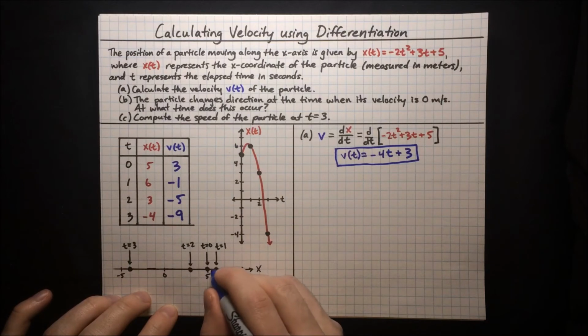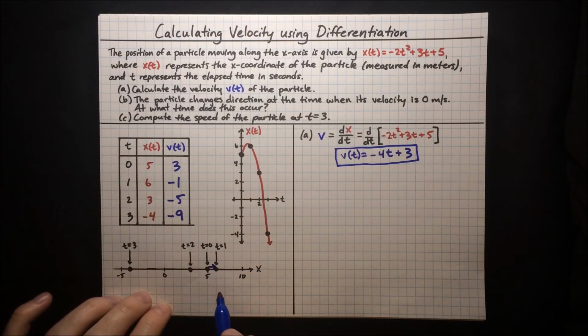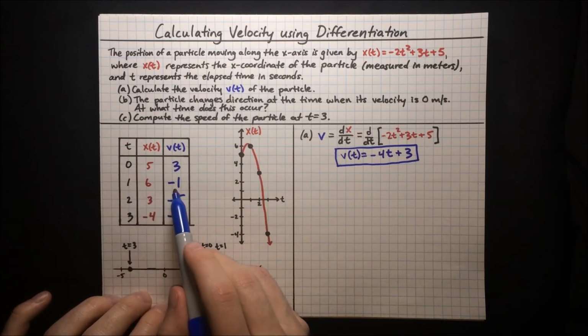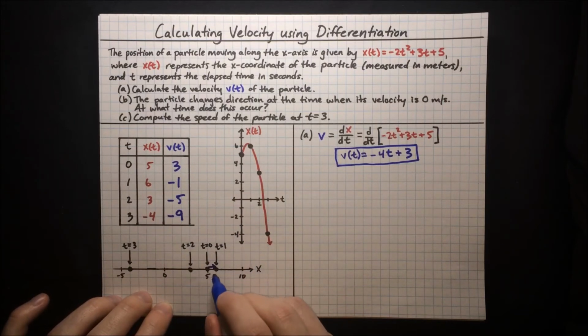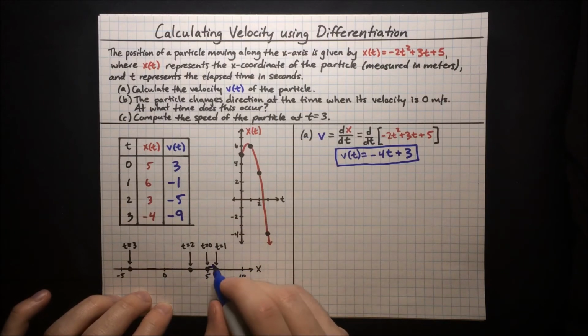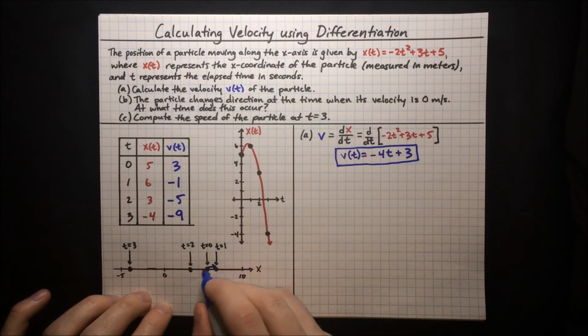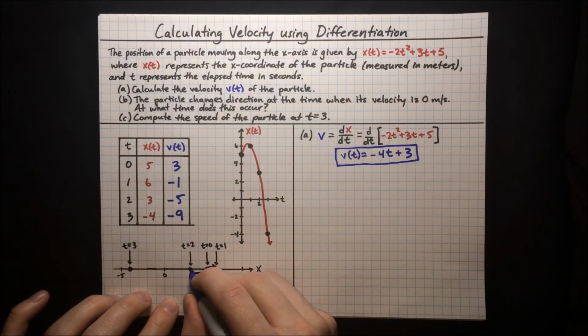So it's moved in the positive direction of x. But then at t equals 1, its velocity is -1. So that means that it's moving in the negative direction of x.